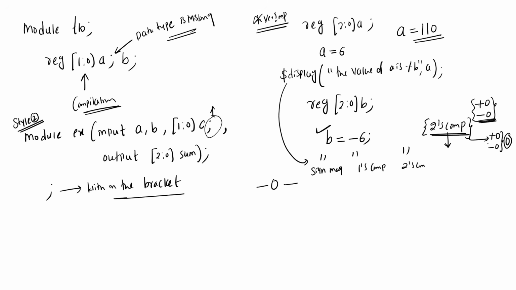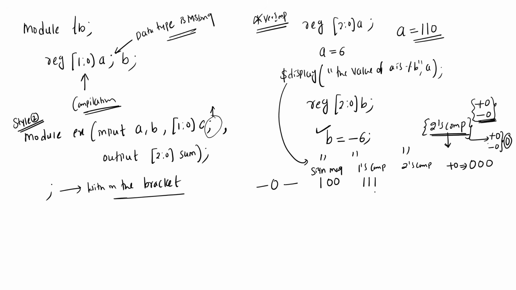Let us take 3 bits. Sign magnitude for minus zero is 1 followed by 0 0. For one's complement, plus 0 is 0 0 0, and you apply one's complement to get 1 1 1.